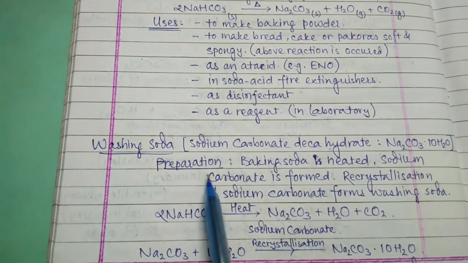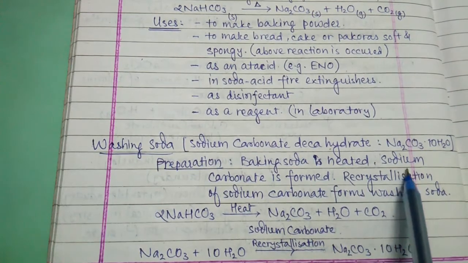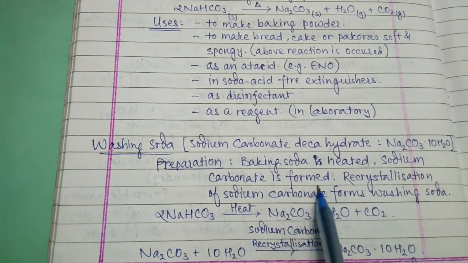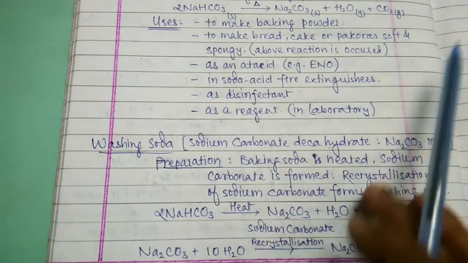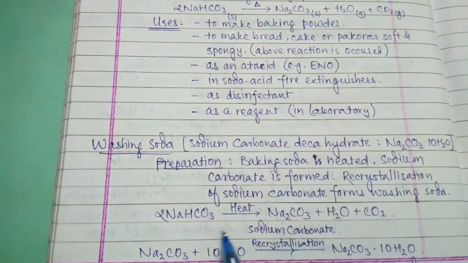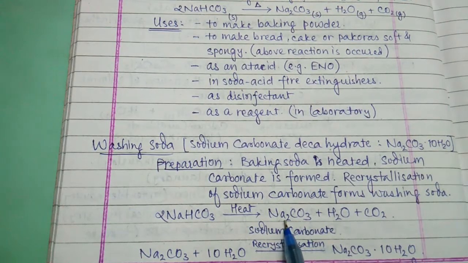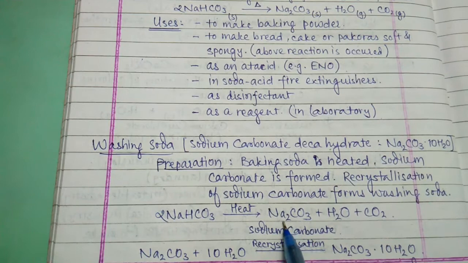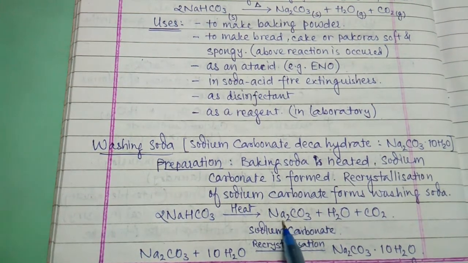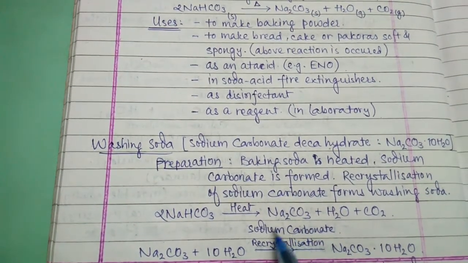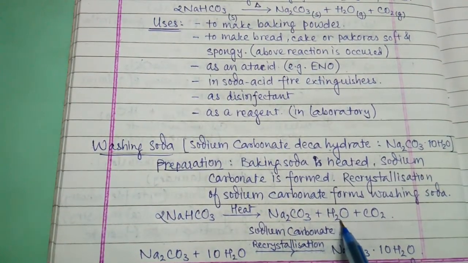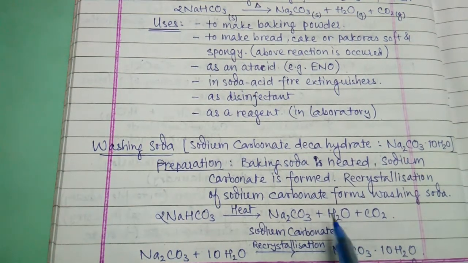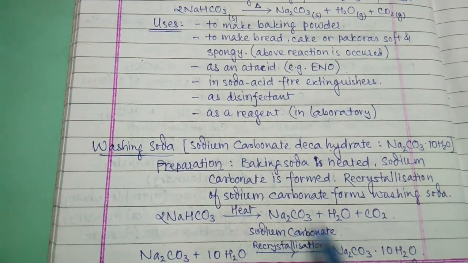Preparation: baking soda is heated and sodium carbonate is formed. We have discussed the above reaction also: sodium carbonate plus water plus carbon dioxide. This is anhydrous sodium carbonate, because the water goes out of the vessel in vapor form.